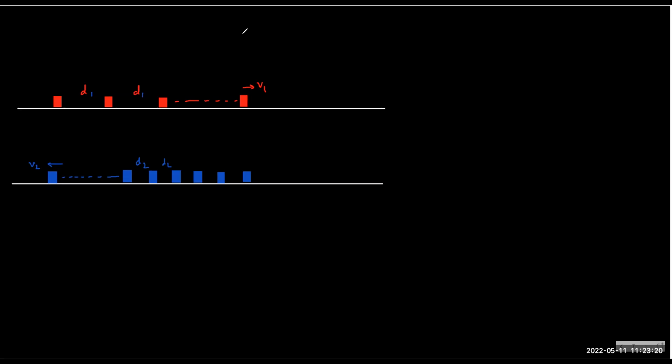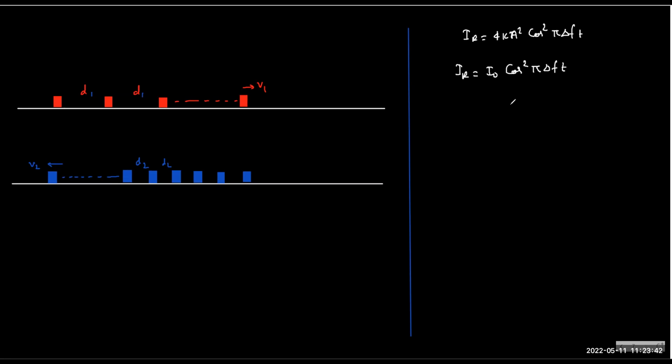So we can also do it for the minima. For IR we got the formula as 4k a square cos square. It's good to write this as I equals I naught cos square like this.